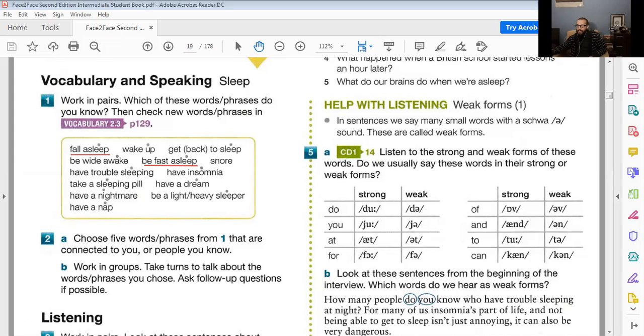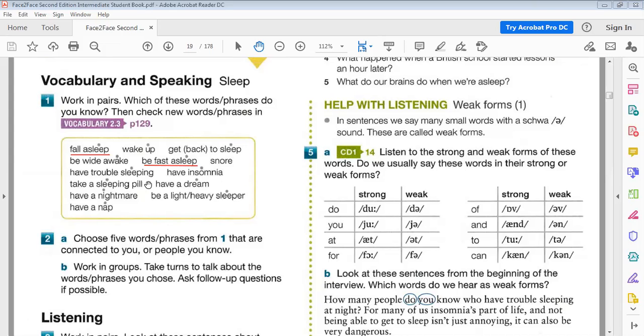Would you like to add anything else, Hajar, about sleep? You mentioned your cousins who talk in their sleep. Any other points you would like to tell us, maybe about yourself or anyone else? Okay. I'm a heavy sleeper. And I had a dream in the last two days, I think. It was interesting.